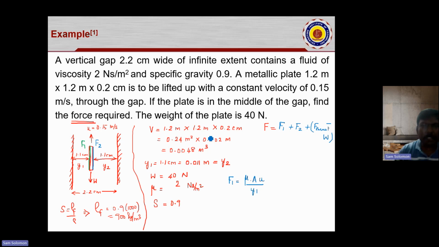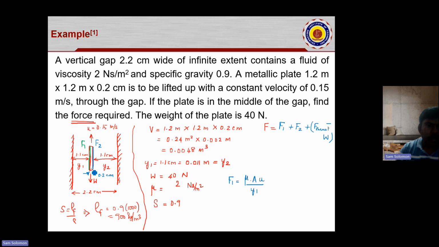So the area of the plate is going to be 1.2 by 1.2. And 0.2 centimeter is nothing but the thickness of this plate. So that needs to be deducted from the value of Y1, isn't it?